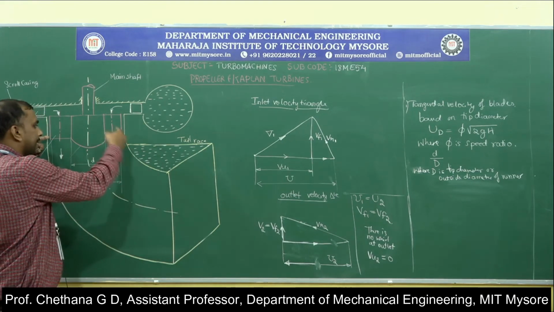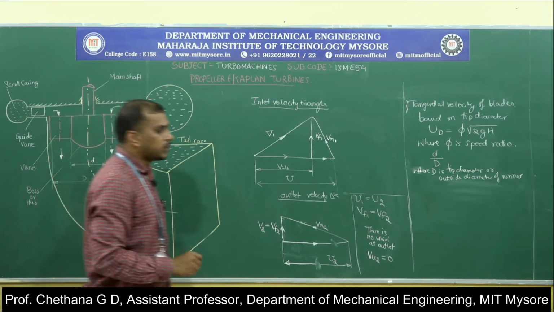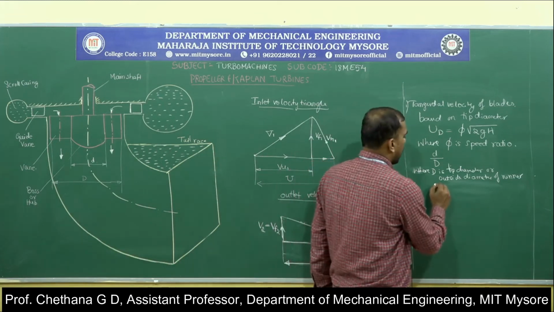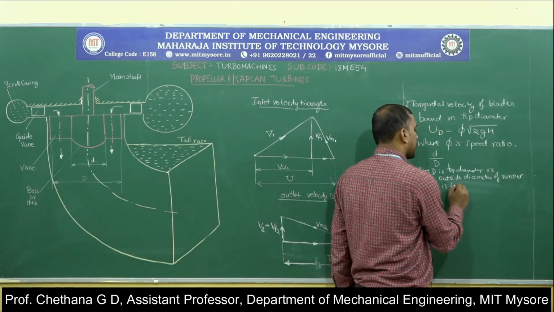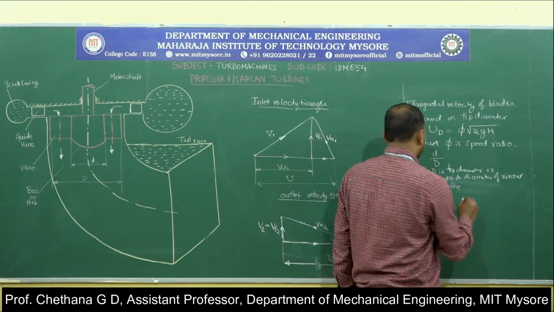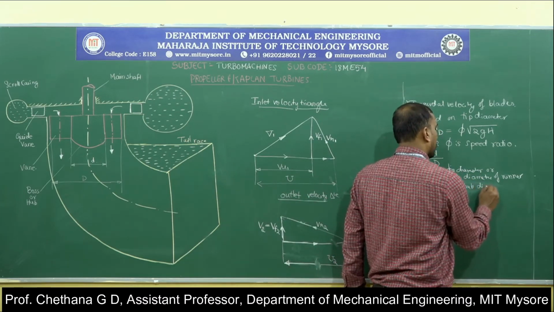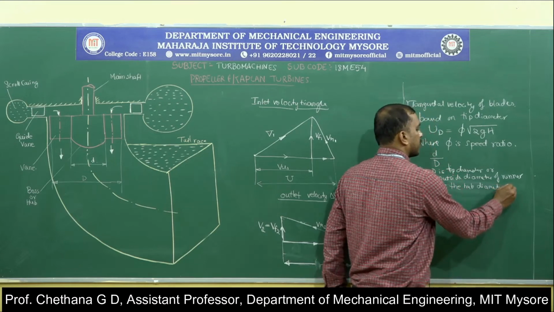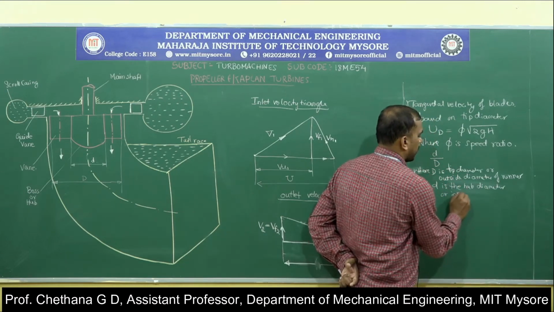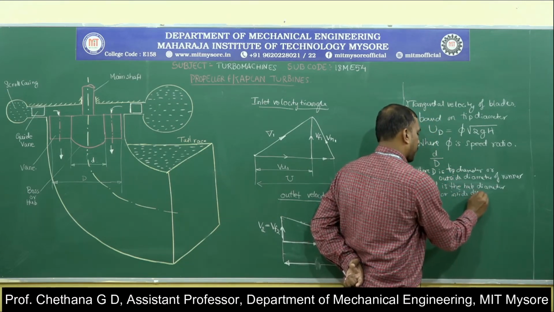Capital D is the tip diameter or outside diameter of the runner, and small d is the hub diameter or inside diameter of the runner.